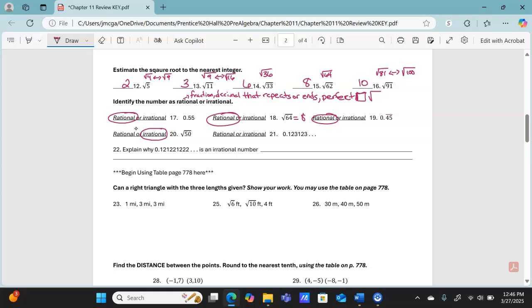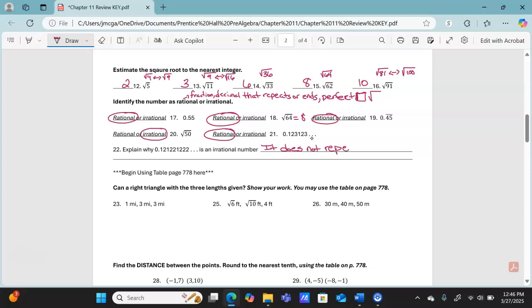So that's irrational. And then here we have 0.123, 0.123, 0.123. So it doesn't end because of those ellipses, but it is repeating. The 123 is repeating. So this one is rational. And then in number 22 says, explain why this is irrational. And the reason why it's irrational is it does not repeat or end.